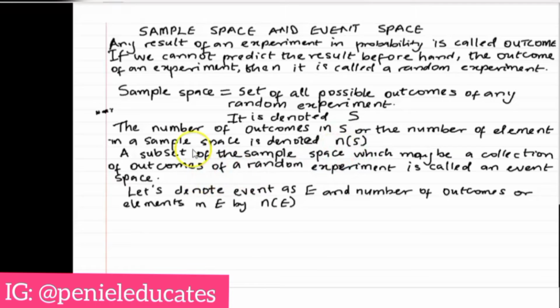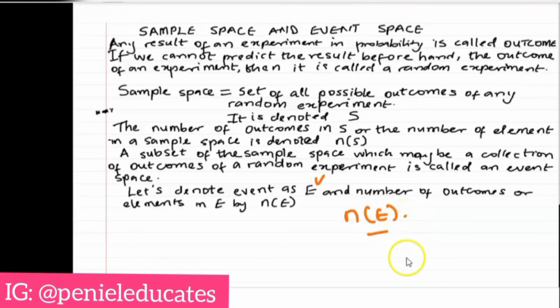Now, a subset of the sample space, which may be a collection of outcomes of a random experiment, is called an event space. Let's denote the event as E. If the event that is going to happen is E, then the number of outcomes, that's the number of elements in E, is denoted as this.